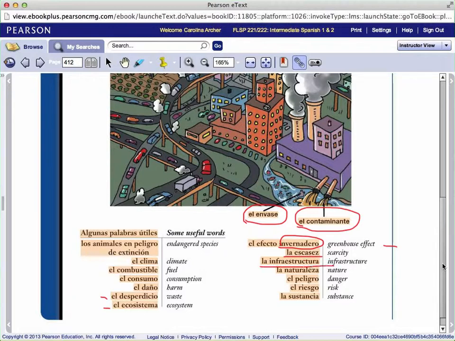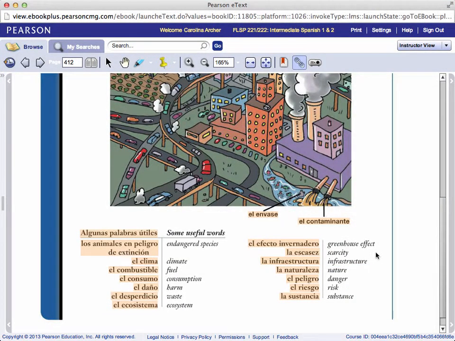La naturaleza, nature. El peligro, danger. El riesgo, the risk. Y la sustancia. Muy bien, so those are some other useful words to talk about the environment.